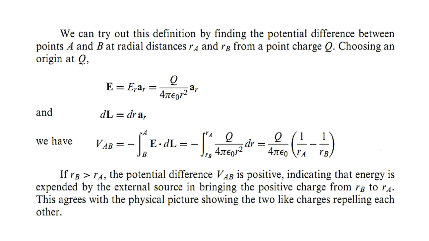So we are performing the work against the electric field, which means the work is being performed by the external source. When the work is being performed by the external source, our potential difference will be positive. This agrees with the physical picture showing two like charges repelling each other.